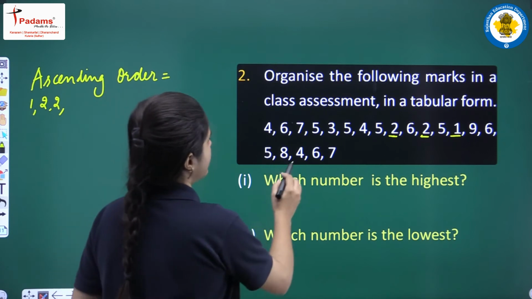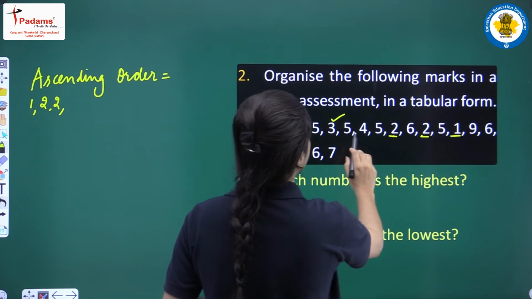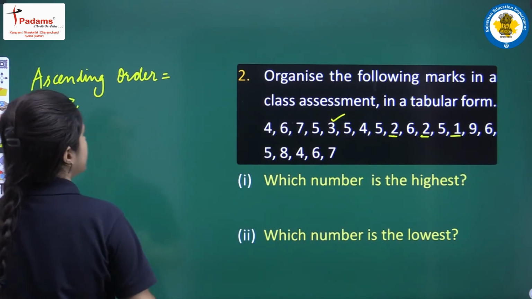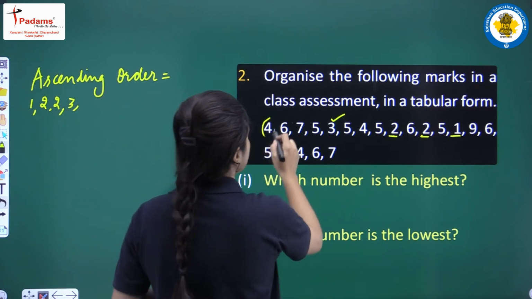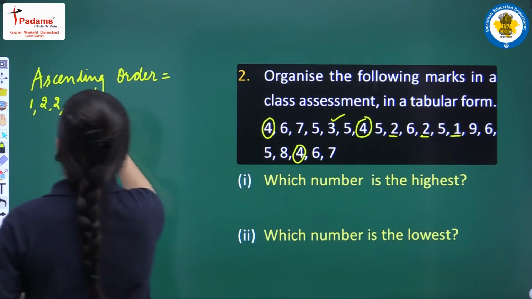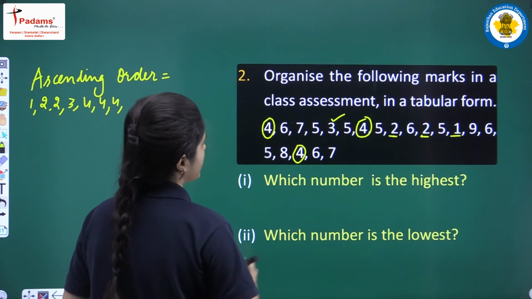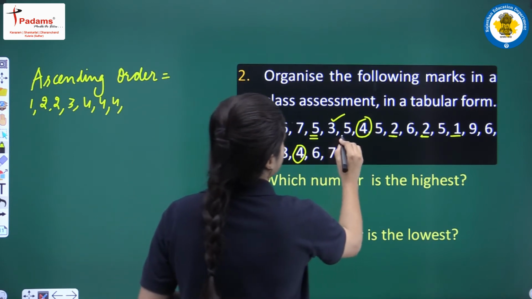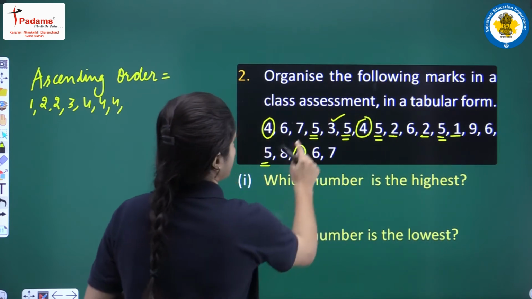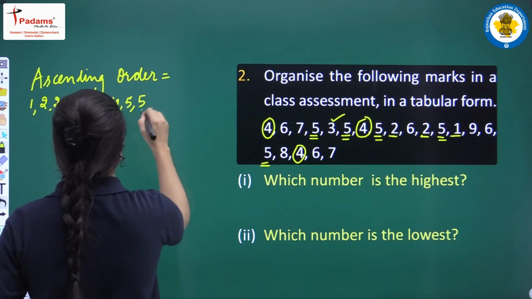Then 3, which is coming only 1 time. Then tell me the number of 4s. 4 is coming 3 times. Then 5. Counting, 5 is coming 5 times.